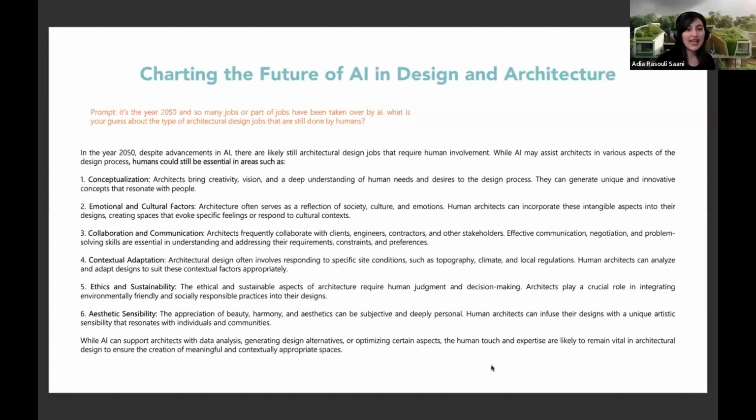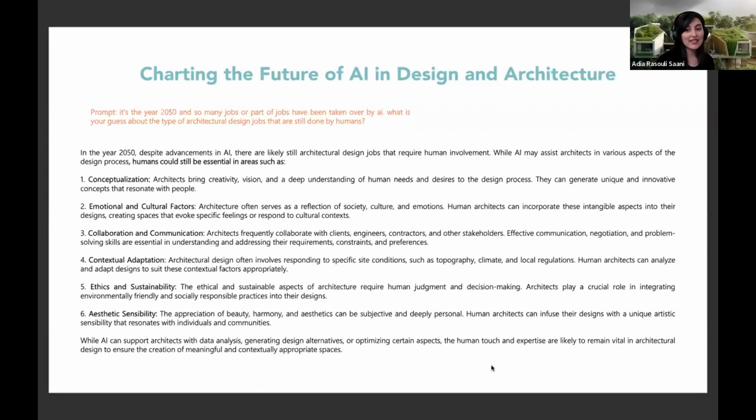Human architects can analyze and adapt design to suit these contextual factors appropriately. Five, ethics and sustainability. The ethical and sustainable aspects of architecture require human judgment and decision-making. Architects play a crucial role in integrating environmentally friendly and socially responsible practices into their design. Sixth, aesthetic sensibility. The appreciation of beauty, harmony, and aesthetics can be subjective and deeply personal.